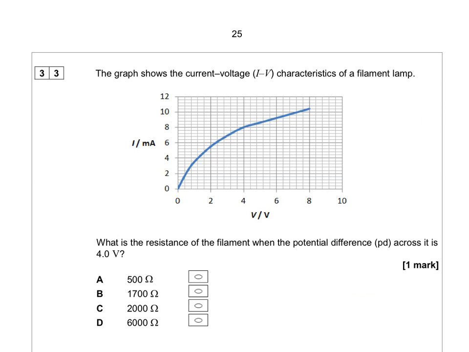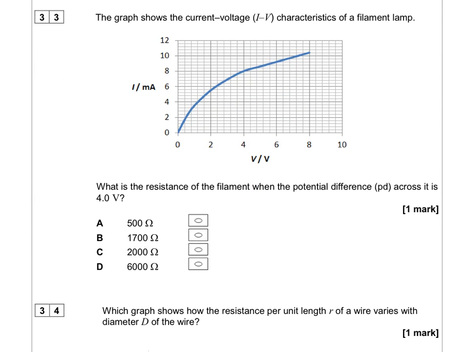Okay, so let's continue, next question. We're on question number 33. We've got an IV characteristic like this, with I on the y-axis and V on the x-axis, and it's fairly typical for a filament bulb. What is the resistance of the filament when the potential difference is 4.0 volts?